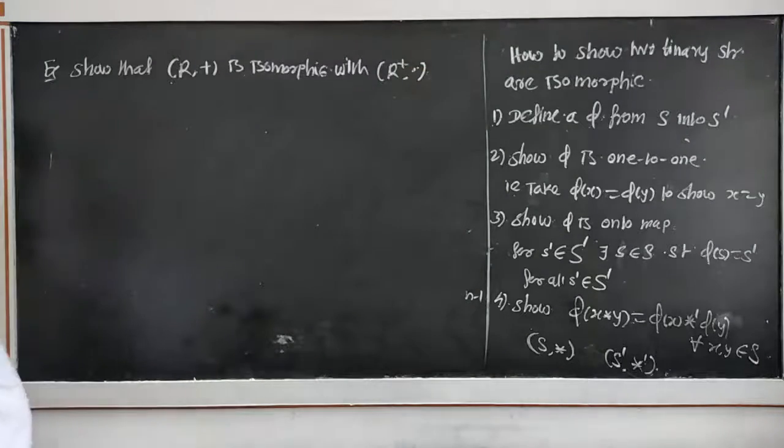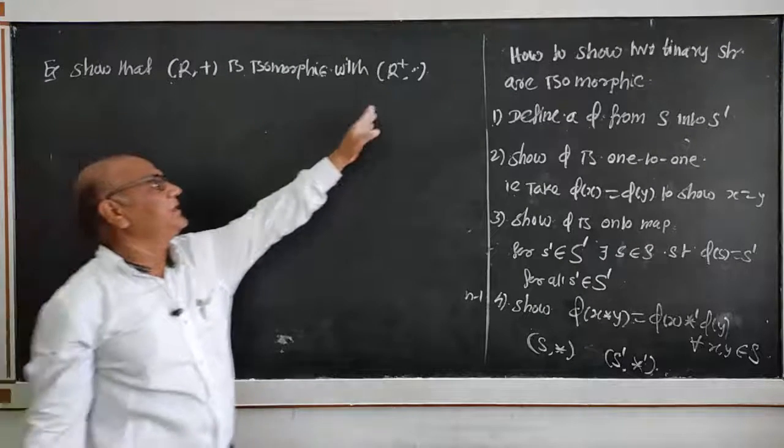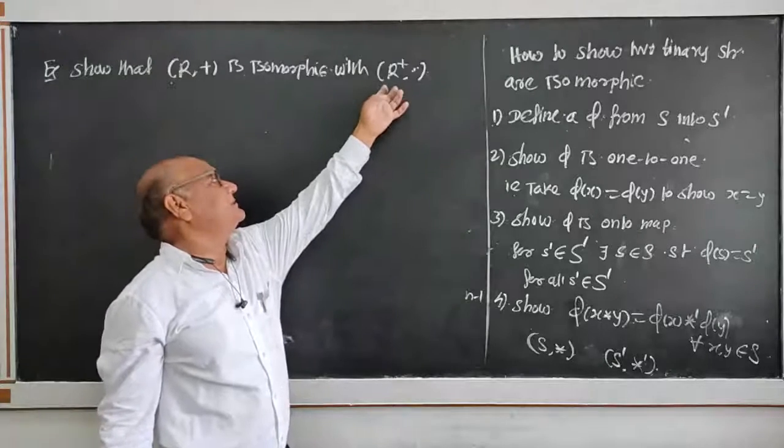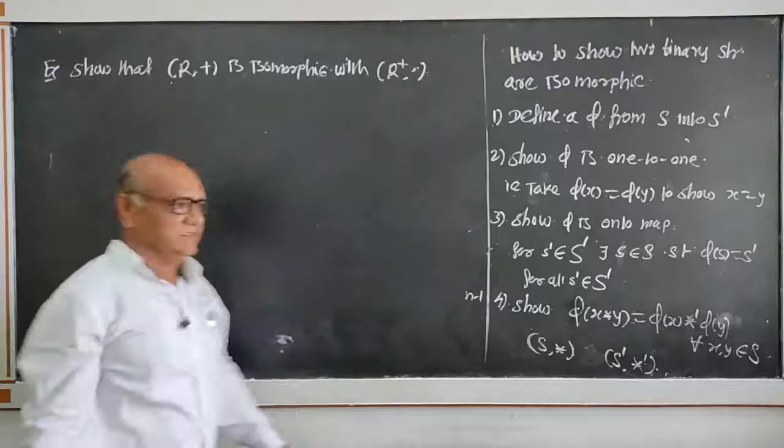That means the set of real numbers with binary operation addition, and the second binary structure is positive real numbers with multiplication.